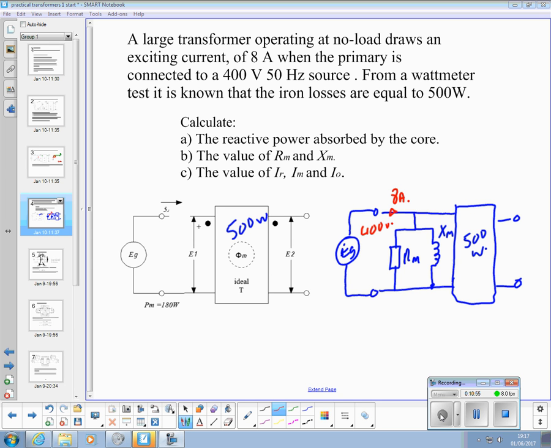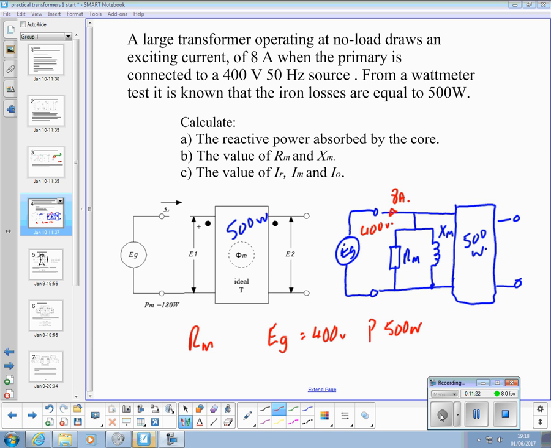So we're looking for Rm, and we know E, and we know P.